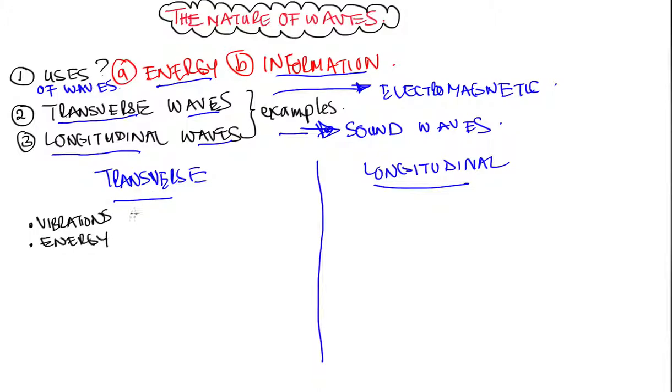So for a transverse wave, the vibrations are at right angles. At a right angle. Another way to say right angle would be to say perpendicular.